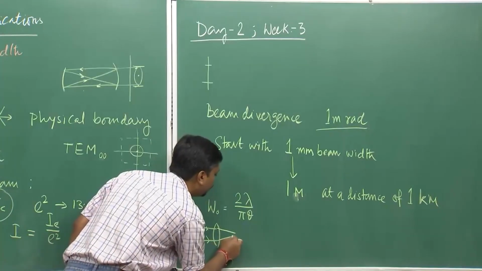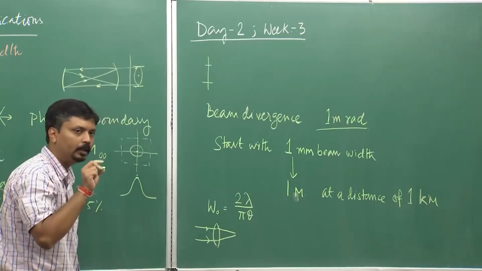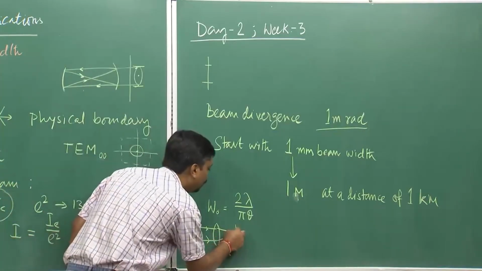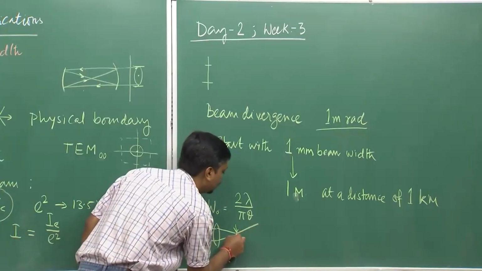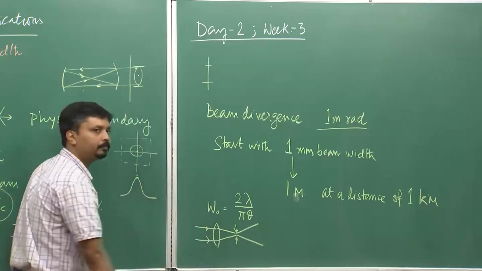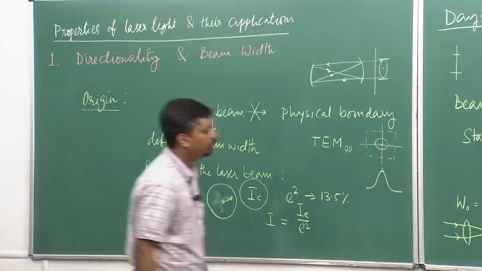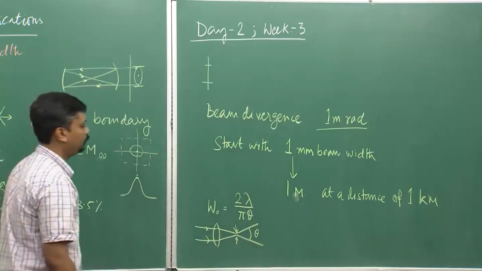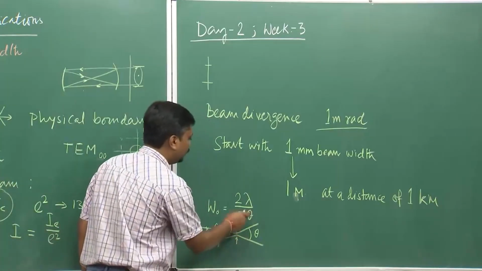Now, many of you know that we can focus it up to a certain dimension. We cannot really zero in on a point. So, there will be a beam waist and then it will diverge. And this is my beam waist, and this is my angle of convergence, theta, related by this.